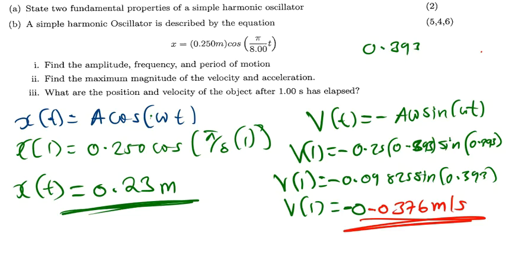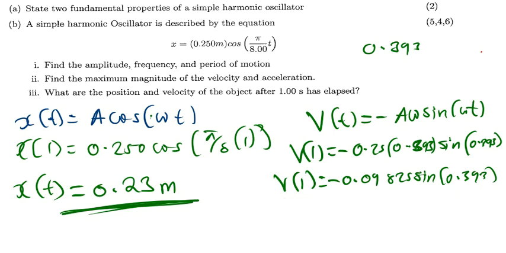Sometimes you come across the same format of the question, but they're going to ask you to find maybe the formulas of the acceleration and the velocity. In a case, they will not give you the time. They'll just say, what are the formulas of the velocity as a function of time?